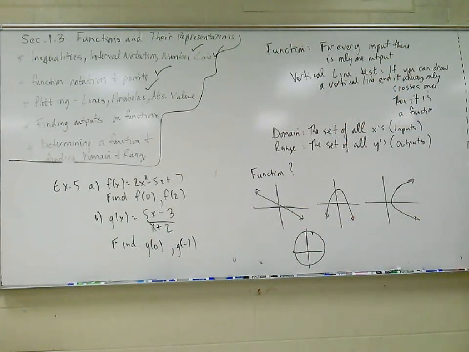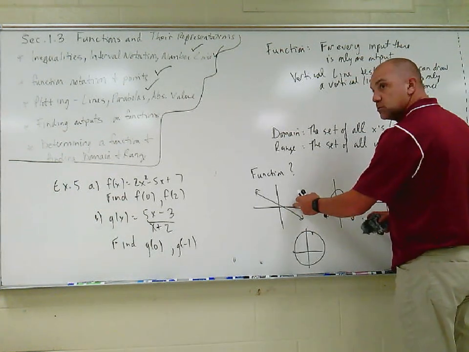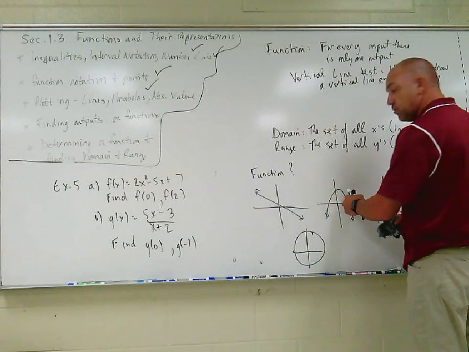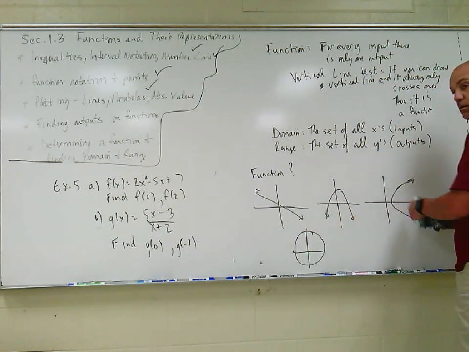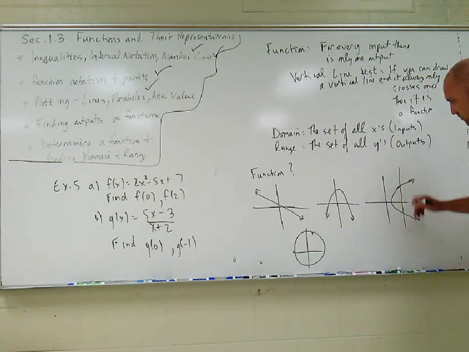Okay. So you have 4 graphs there. We'll point to each one and we'll just say whether or not we think it's a function. So the first graph, does it look like it's a function? Yes. Second one? Yes. Third one? No. So here's why it fails.